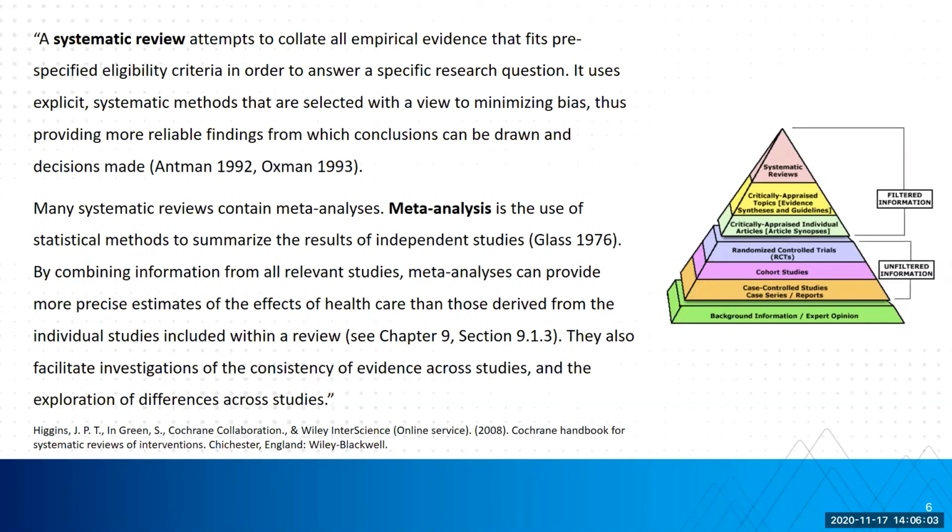Once you have systematically located and systematically brought together all of your evidence on a specific question, a meta-analysis, which is a quantitative statistical analysis of independent studies, might be conducted, but it might not be. We might confuse the two, but it's important to remember that you can have a systematic review without a meta-analysis, but you can also have a combination of the two.